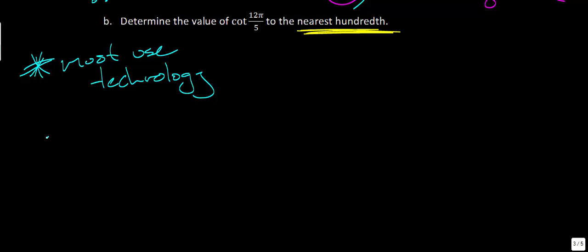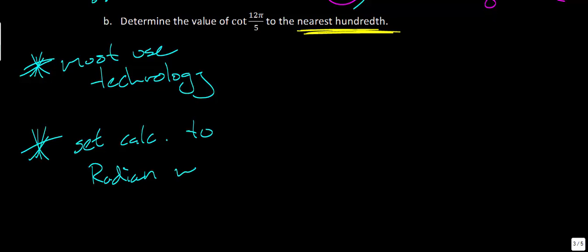So the first thing that we need to do, and this is a very exciting moment I'm imagining for both of you, is that we get to set our calculator to radian mode. Okay? So up until now, we've always been very scared of radian mode. We always wanted to make sure that we were in degree mode. But now, because we're talking about our answers in terms of radians, we can go and make that change.